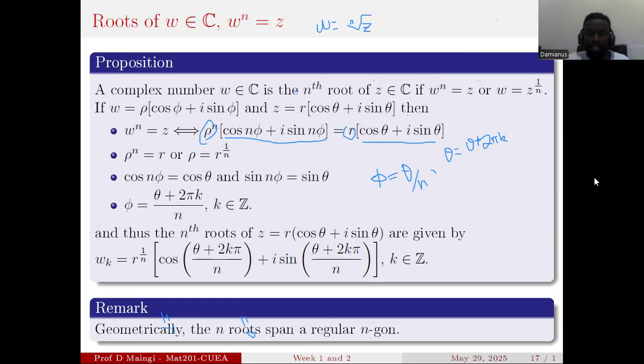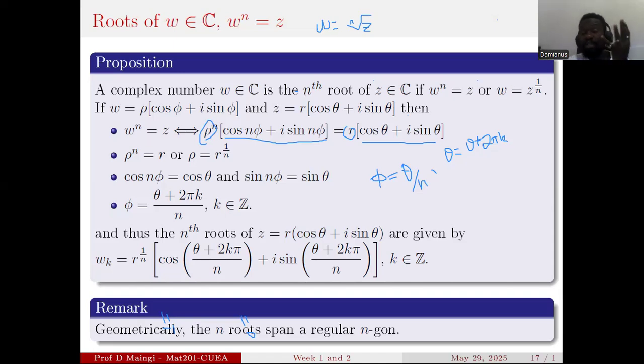So let's look at an example. And then I think we'll be good to, gosh, this lecture is going to be very long. Remark: geometrically, the nth roots of a complex number are n of them, and they span a regular n-gon. If n is 3, you're talking about the cube root, then there will be 3 roots, and they will span an equilateral triangle.